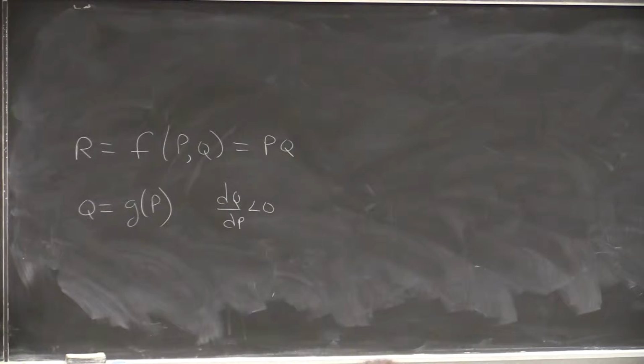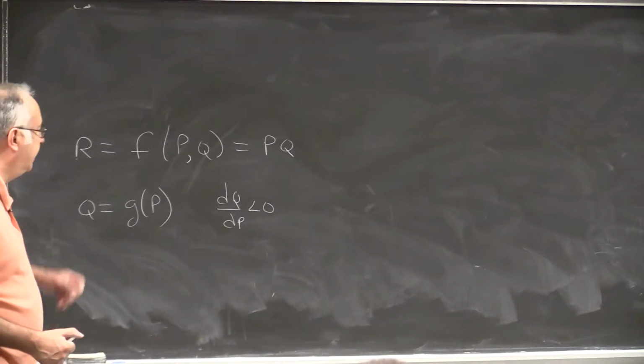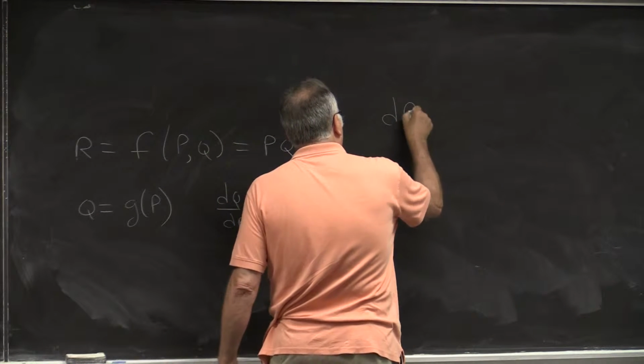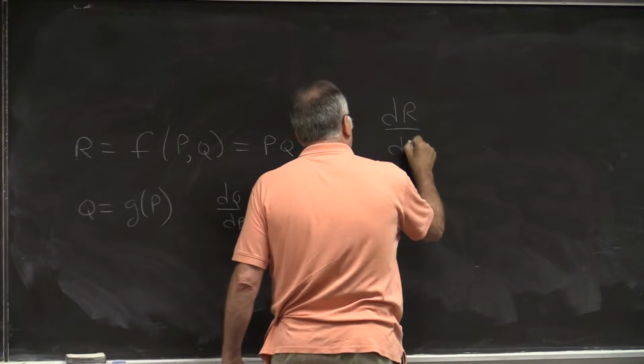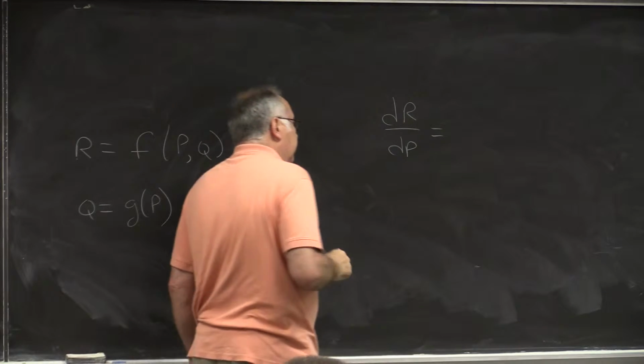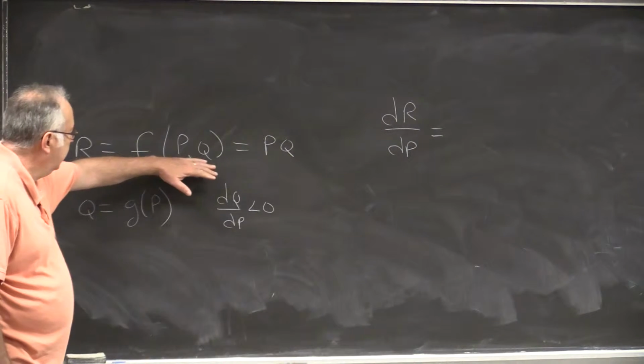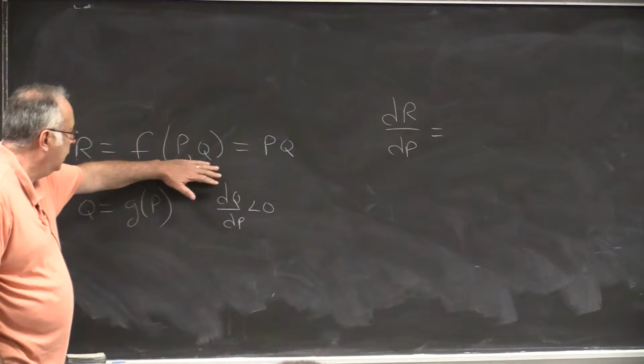Now, we want the total derivative of revenue with respect to price. Suppose we want dR/dP. Well, what will that be? Well, revenue is a function of price and quantity.